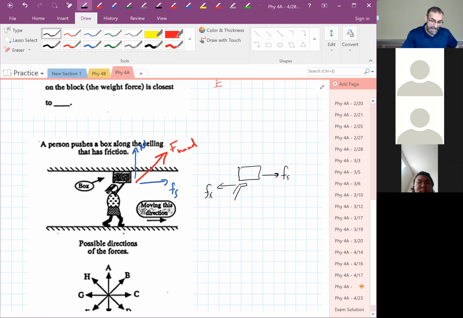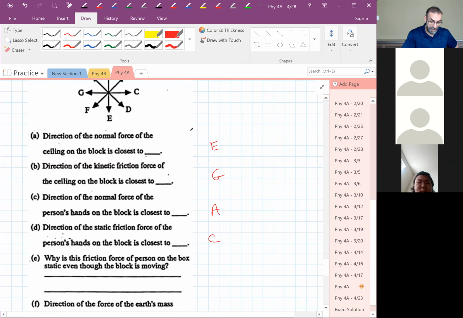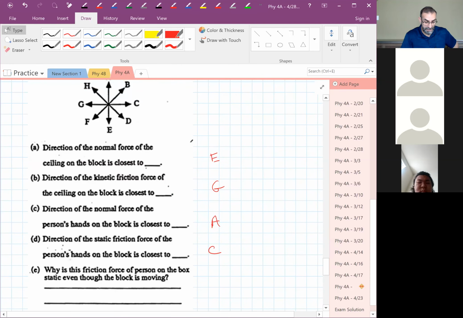And then it says, why is it static friction? Why is the friction force between the hands and the box static, even though the box is moving?